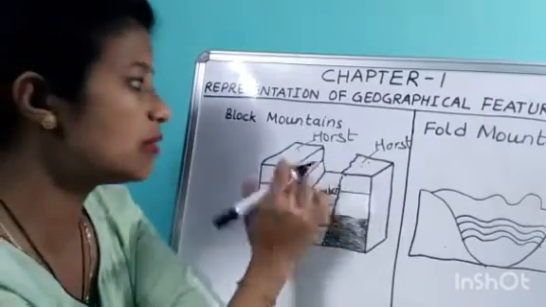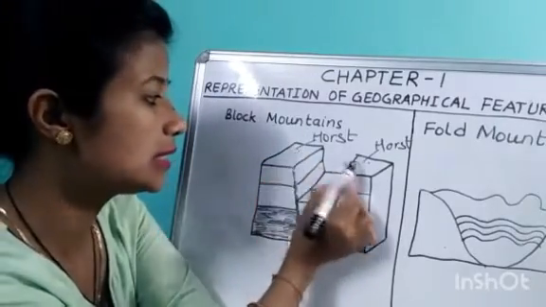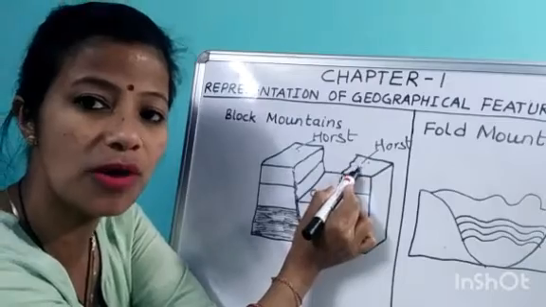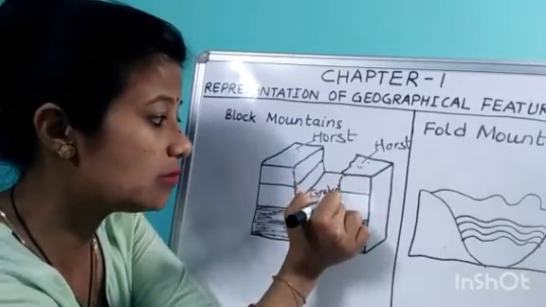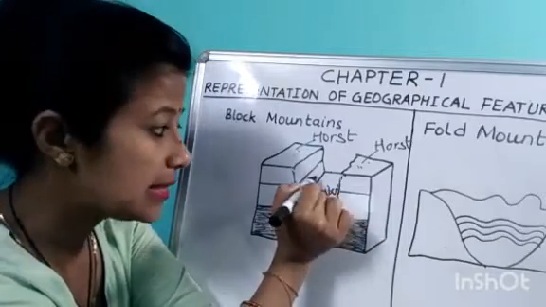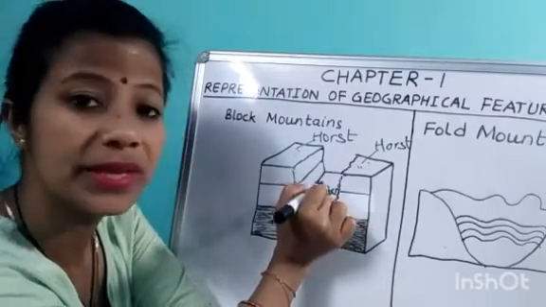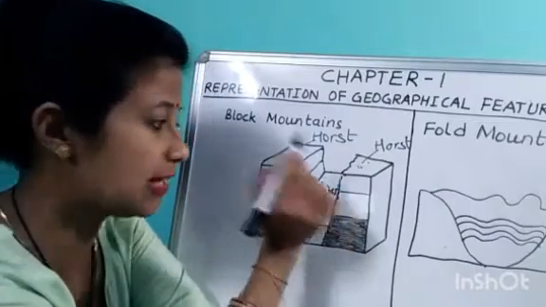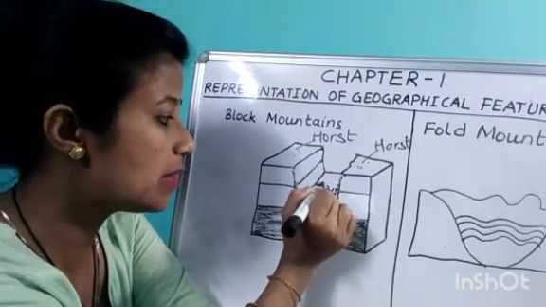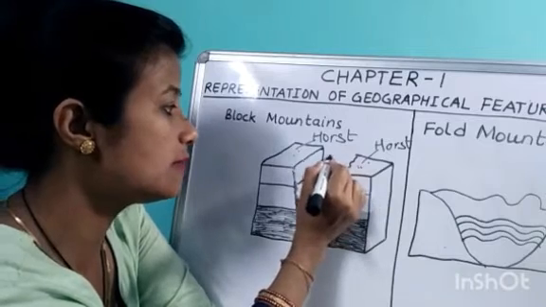This is the formation of block mountain. The uplifted part will be called block mountains, and this becomes a valley. Which valley? Rift Valley. This is graben or Rift Valley.